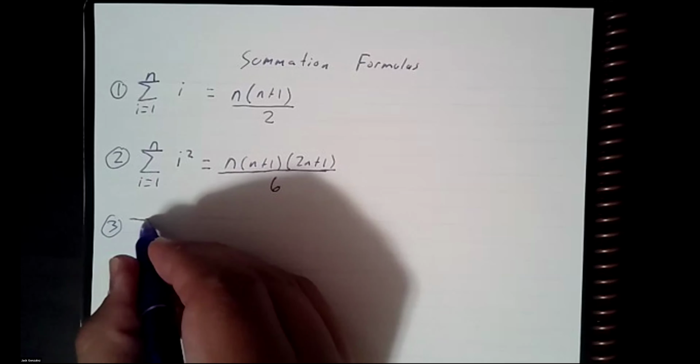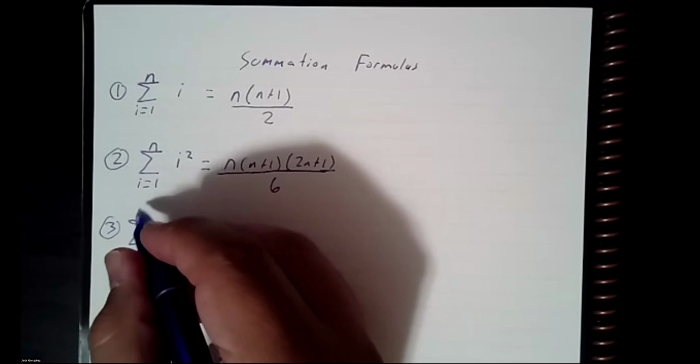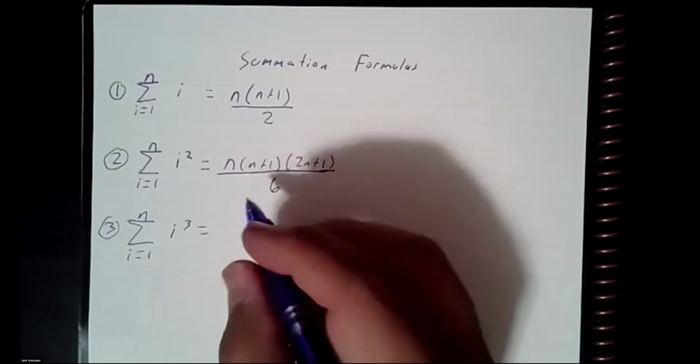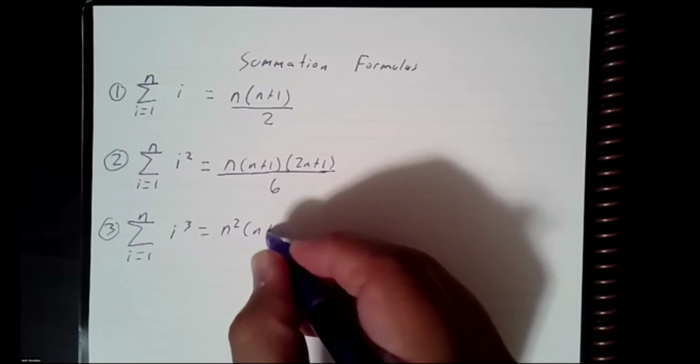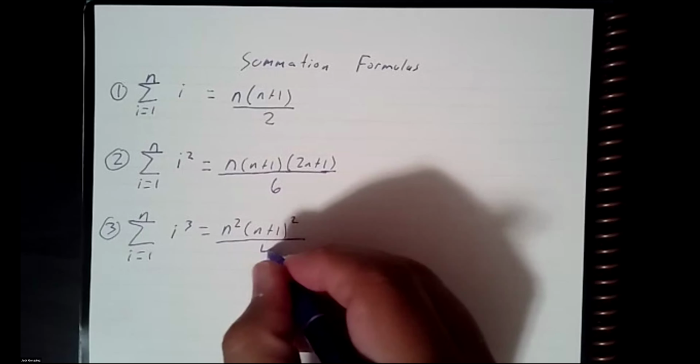Number 3, if it's cubed, you're adding a bunch of cubed terms. It's going to turn into n squared times n plus 1 squared over 4.